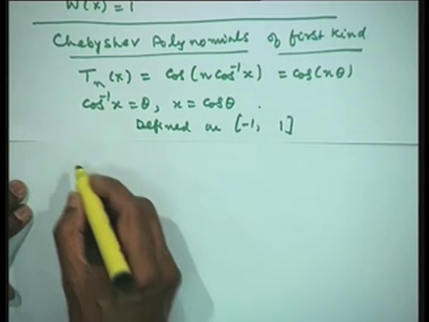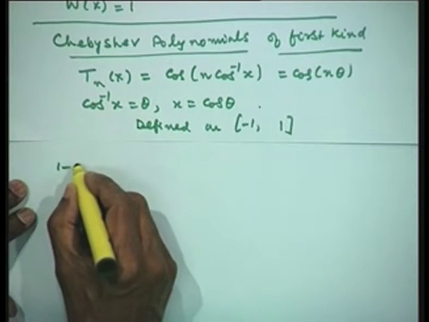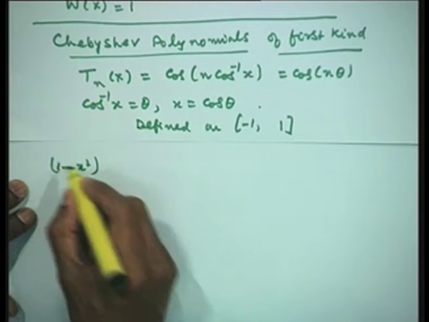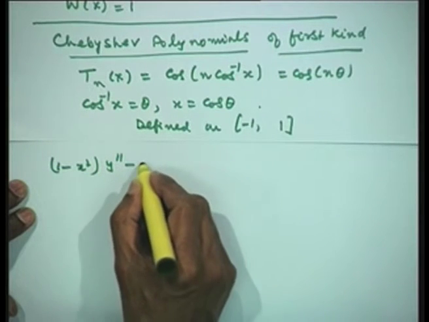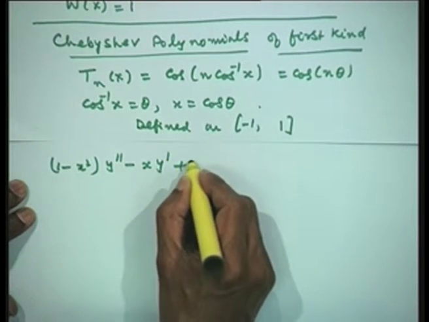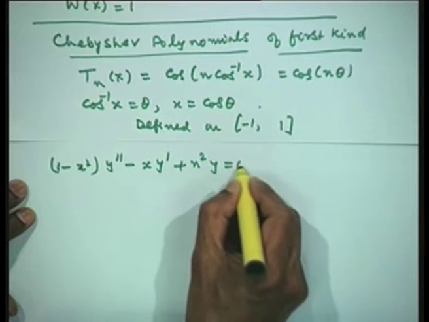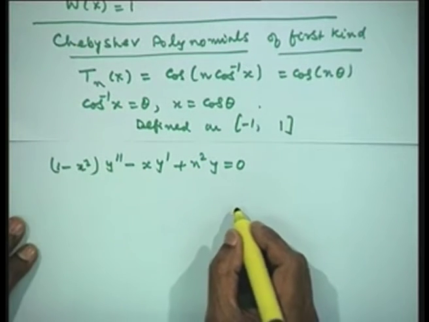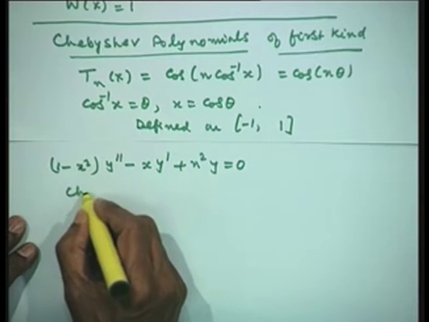The differential equation that governs this is 1 minus x squared y double dashed minus x y dashed plus n squared y is equal to 0. This is the Chebyshev differential equation.